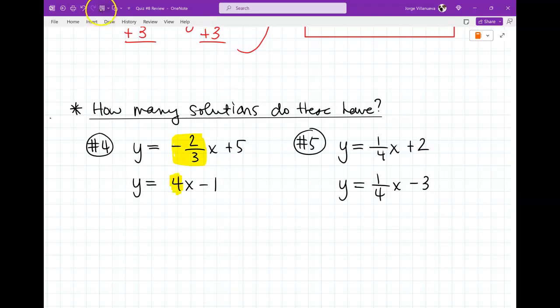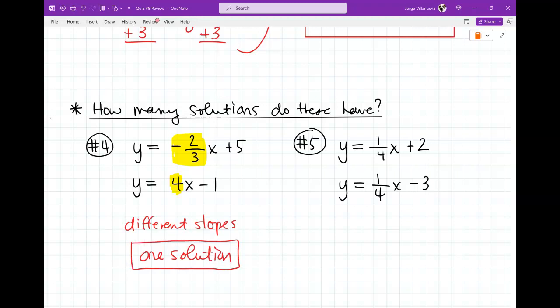So it's different slopes. I'll write it down right here, just as a clue for you guys. These are supposed to be really easy problems. You just got to remember, right?